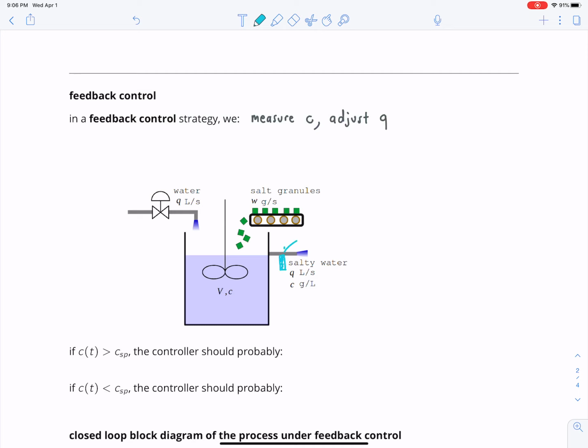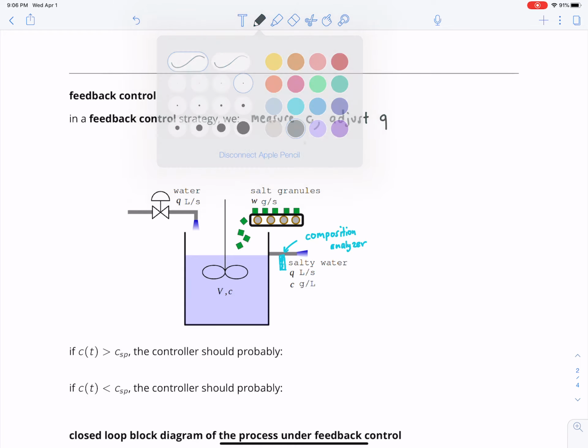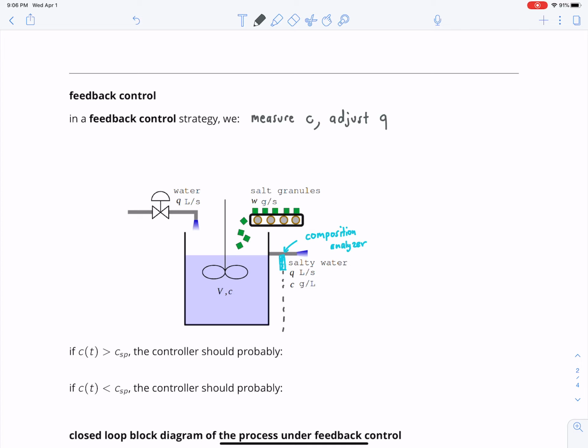So this is a composition analyzer. And it's a sensor that determines the concentration of salt, right? And this sensor outputs a milliamp signal. So it's the salt concentration, but a milliamp signal is the measurement of it, right? And this goes into a feedback controller.